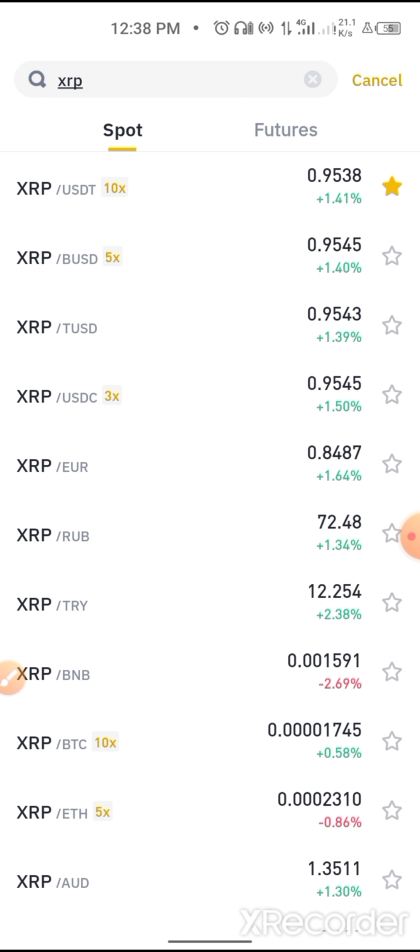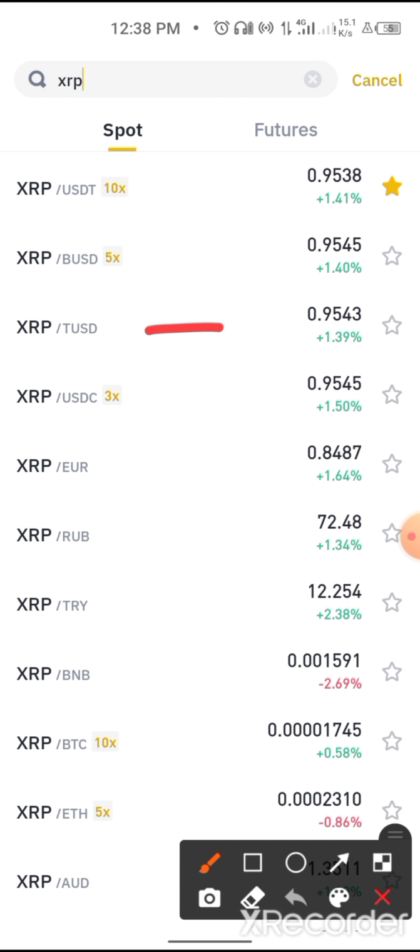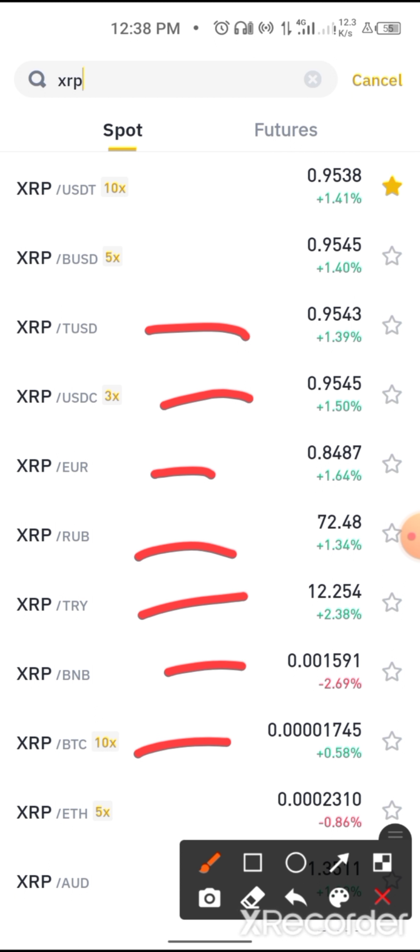Now I can see that XRP is being paired with USDT, BUSD, TUSD, USDC, Euro, Ruby, TRY, BNB, BTC, and so on. Now I'm going to select the pair that I have to buy. Okay, since I funded my account with USDT, I'll go ahead to select XRP slash USDT.